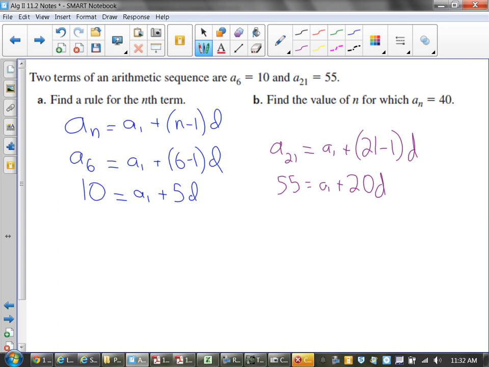Notice how you wind up with 2 equations with 2 variables. It's setting you up for solving a very short system of equations. Okay? And you'll be able to use elimination rather quickly.